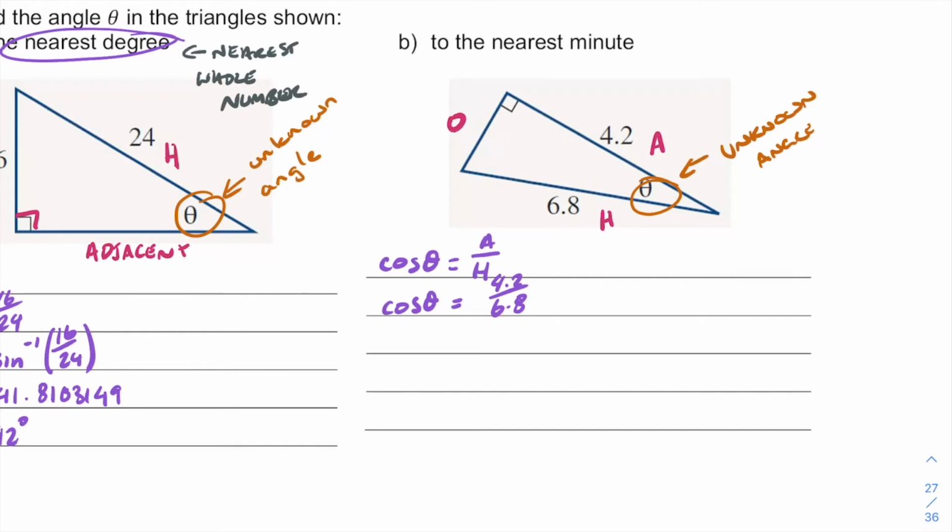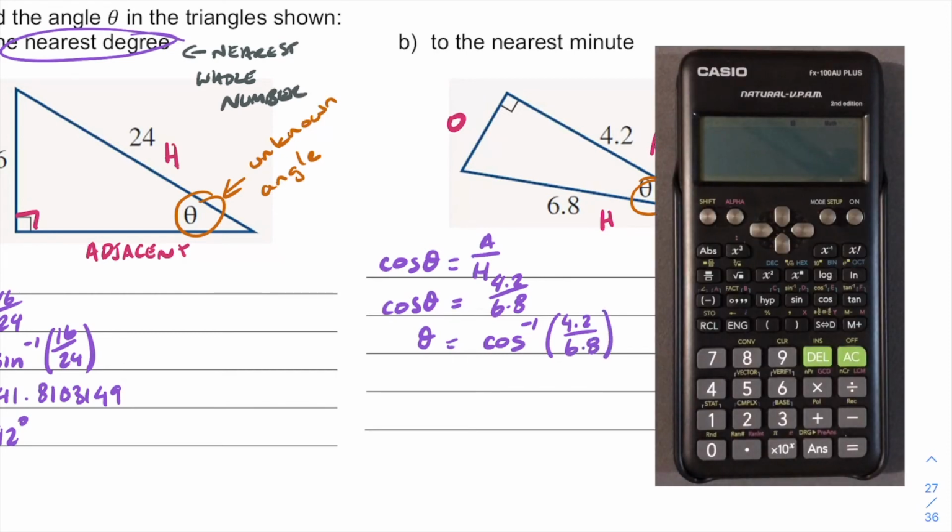Same deal as before, I want the reverse action of the ratios. So theta equals cos to the minus 1. Again, just shift cos in your calculator. It's going to be 4.2 over 6.8.